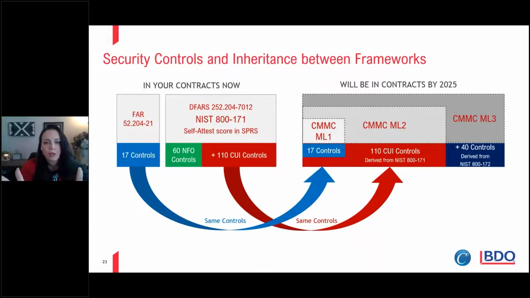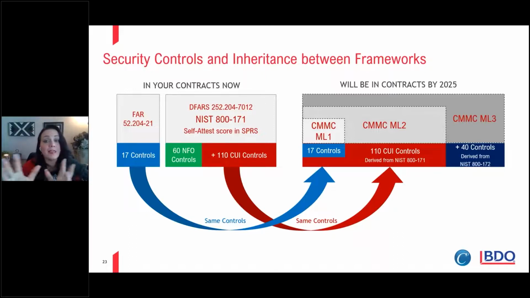To show you all of this is to show you the greater context of right now the FAR and DFARS clause relies on you self-attesting your score. I really recommend that you get a professional third party to score you. There is a scoring metric for it. Don't try to score yourself without talking to a company that provides that, like my company.